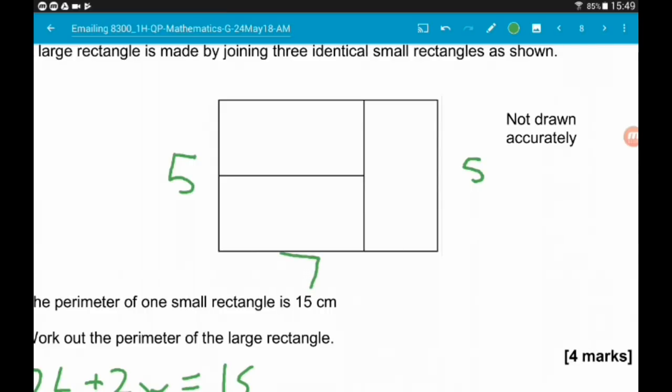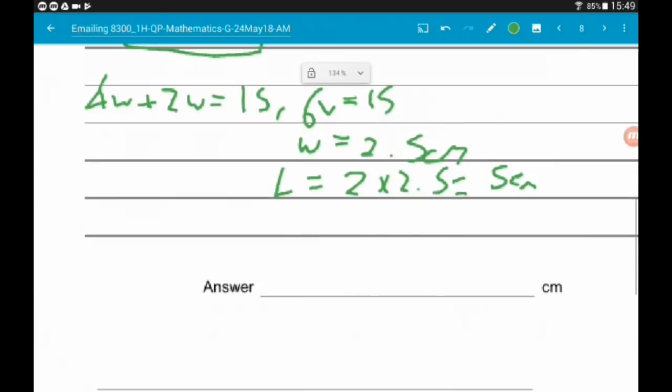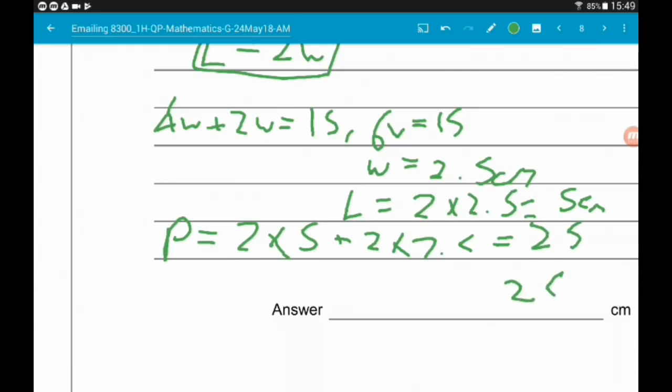So we're going to have 7.5 down here, 7.5 up here. So the perimeter that we want is 2 times 5 add 2 times 7.5, which is going to give us 25. So the answer is 25 centimeters.